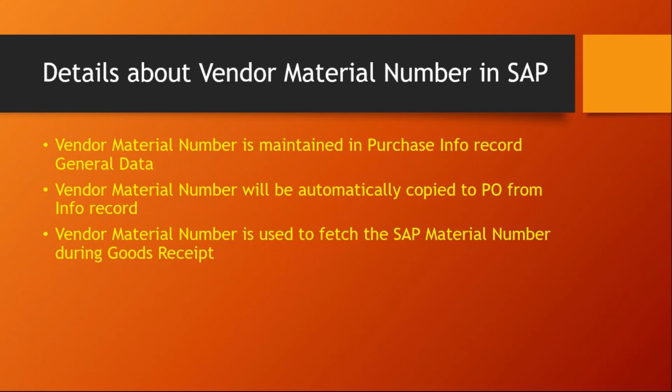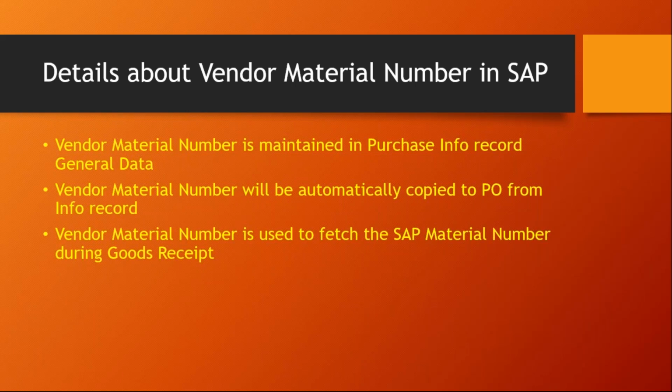Like I mentioned, the vendor will send the boxes of materials. On that, it will have the vendor material number barcode label. It will not have the SAP number. So when we scan it, we should put in a logic: scan the material number. If it is available in MARA, or whatever table we are going to check, such as MLGN, warehouse, or MARA, if it is available, take it.